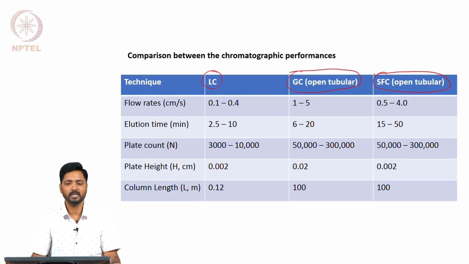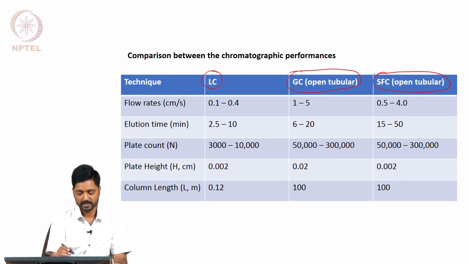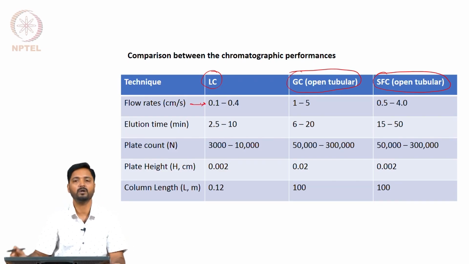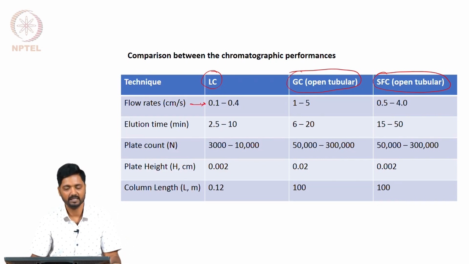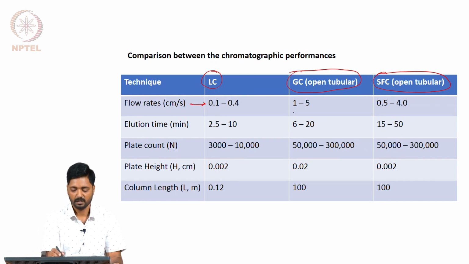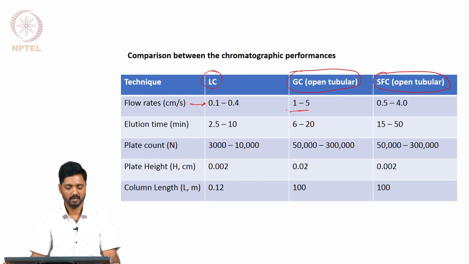If I compare the flow rates, they of course are the lowest for liquid chromatography systems, in the range of 0.1 to 0.4 centimeters per second. In gas chromatography the flow rates are definitely much higher, and in supercritical fluid chromatography these numbers are more intermediate, but definitely much higher than that for liquid chromatography.